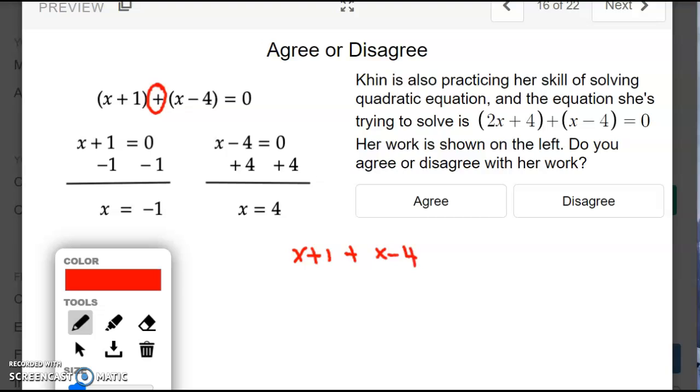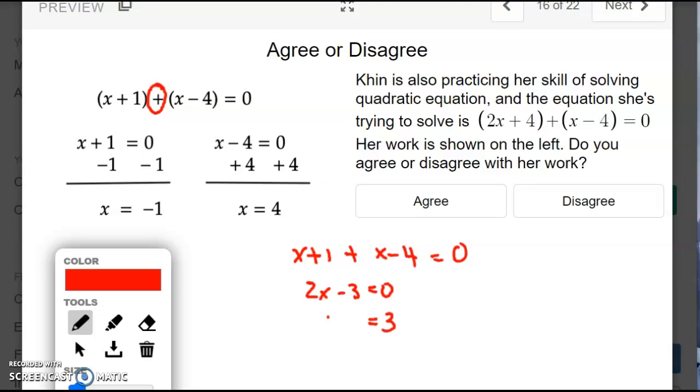Because when you are adding and subtracting, you can get rid of the parentheses like that. So that becomes, combining like terms, 2x, and 1 minus 4 is negative 3, is equal to 0. So the solution is you bring negative 3 to the other side by taking a positive of it.